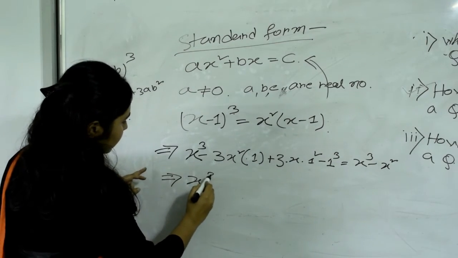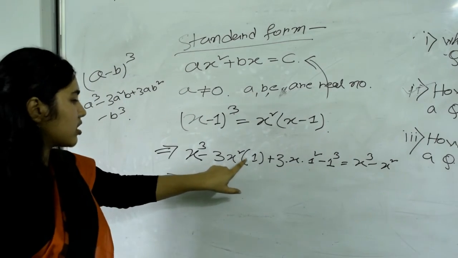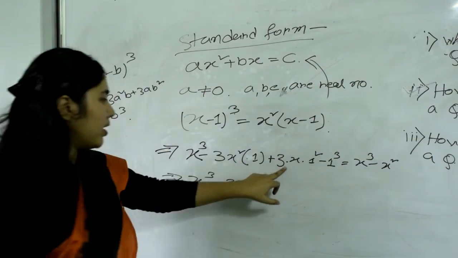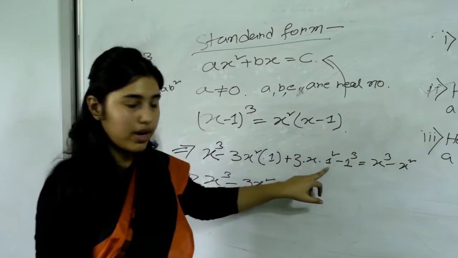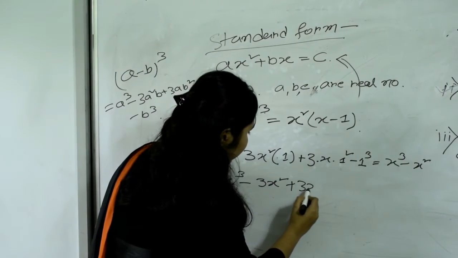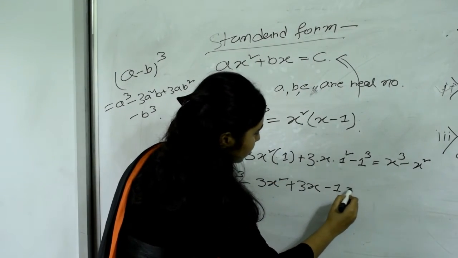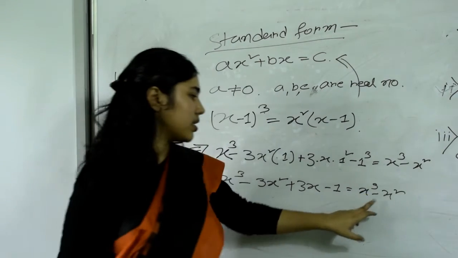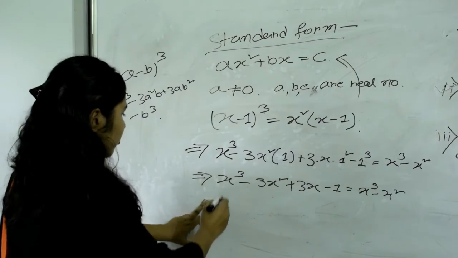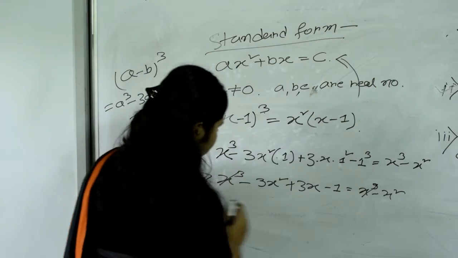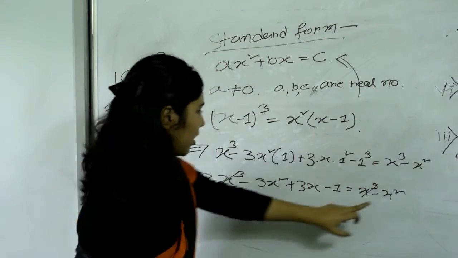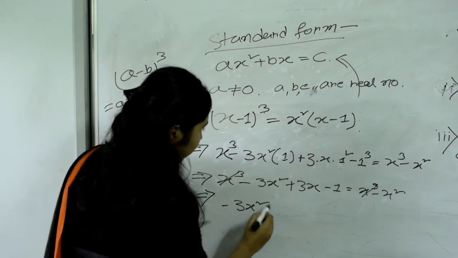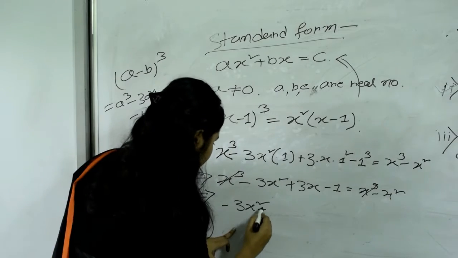Now x cube minus 3x square into 1 which is minus 3x square. Next 3x into 1 square which means plus 3x minus 1 cube which is minus 1. This equals to x cube minus x square. Now cancel these two terms and take this square this side. So minus 3x square plus x square.